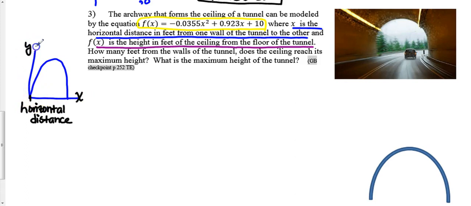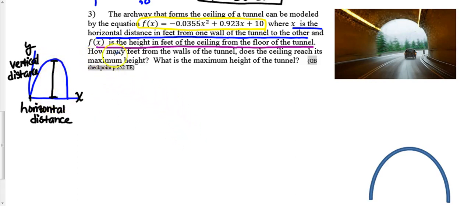F of x, or y, is the height of the ceiling. So that's vertical distance. So height of the ceiling, which is like right here, the top, and it says from the floor. So we're talking about this measurement right here, this vertical measurement.